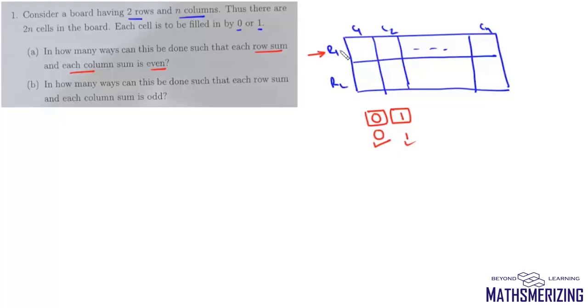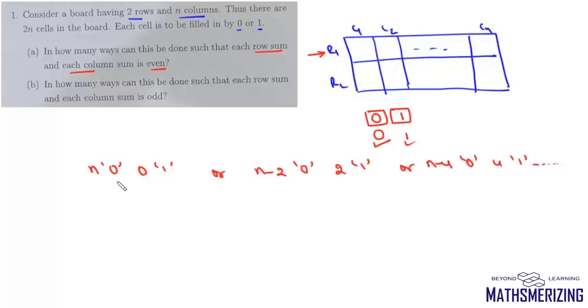Now along with column, row sum should also be even. Now row sum will be even if we have n zeros and 0 ones, or if we have n minus 2 zeros and 2 ones, or n minus 4 zeros and 4 ones, and so on and so forth.